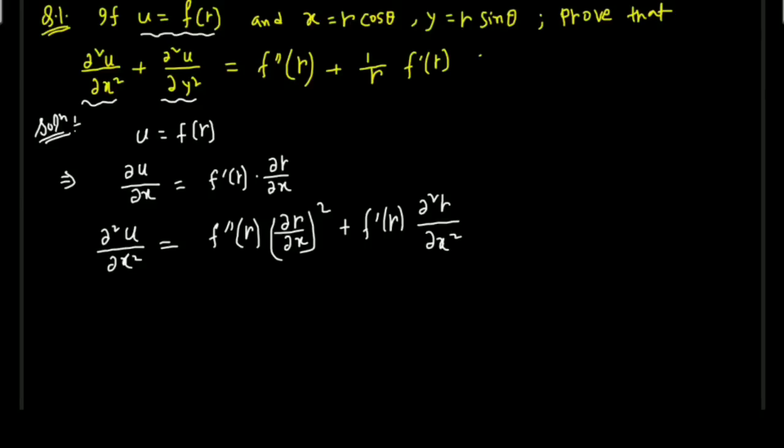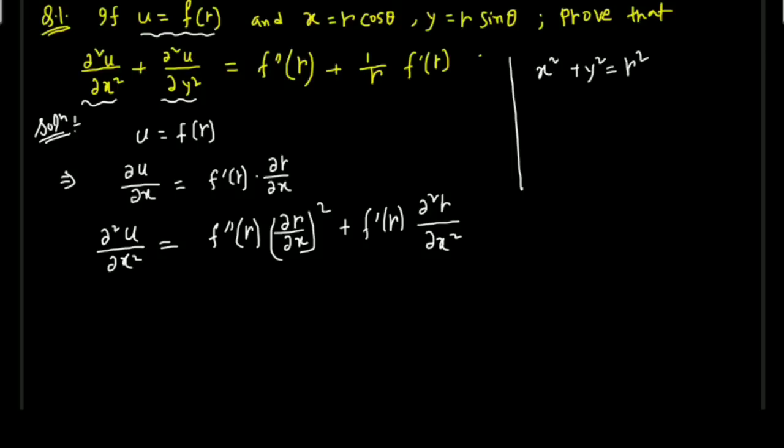So you can see on the right hand side there is just f double prime r and f prime r. So we have to find out del r del x and del 2r del x2. So what is del r del x and del 2r del x2? To do this, we first have to make the relation between x, y and r, and from this equation you can easily tell that the relation is x square plus y square is r square.